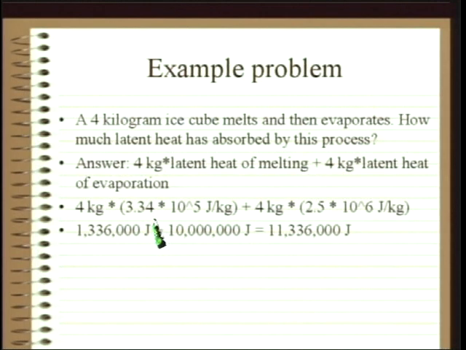So we plug in our values for latent heat of melting and vaporization, add those 2 values together, and the units will be in joules. So it's a little over 11 million joules. So even with a small amount of water, you have a significant amount of latent heat that can be released or absorbed when water changes state.